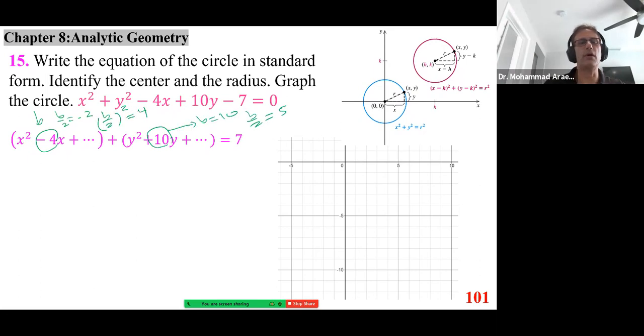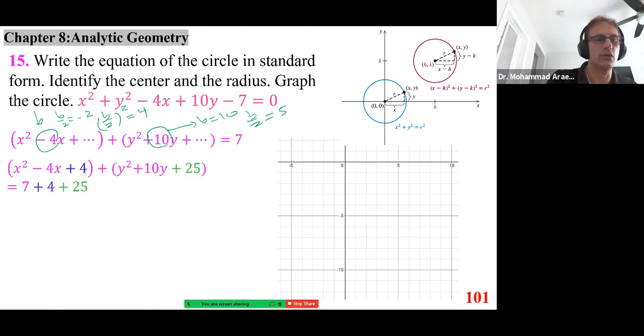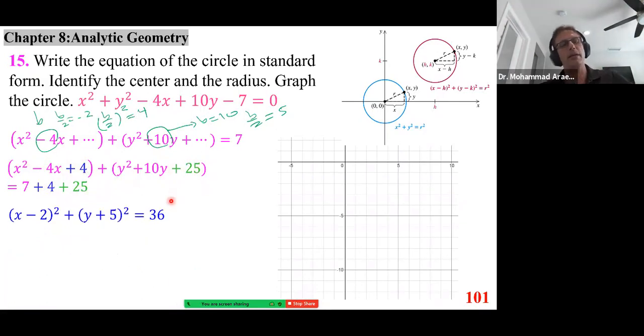Squared is 25. So we need to add 4 because of this one to both sides, and 25 because of this one to both sides. And now it is in the standard format that we are comfortable with, centered at (2, -5) with the radius of 6.